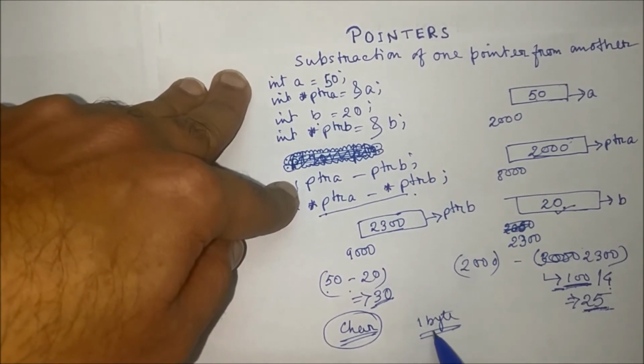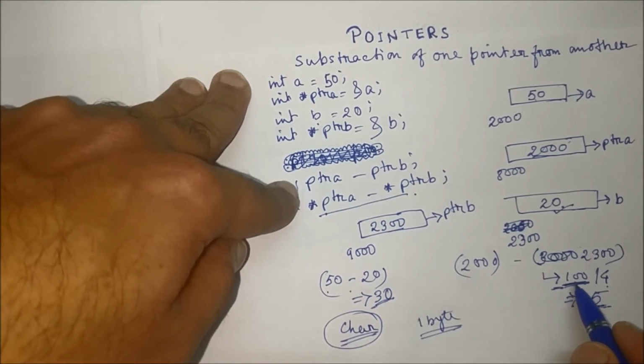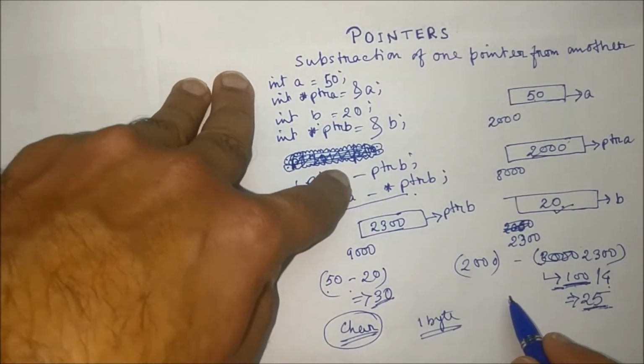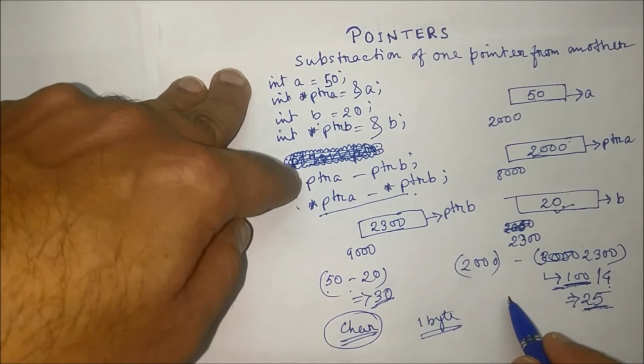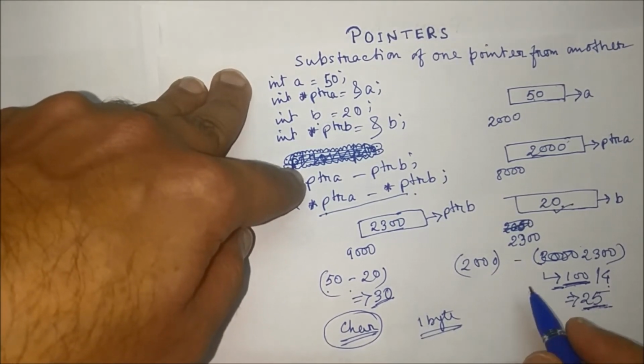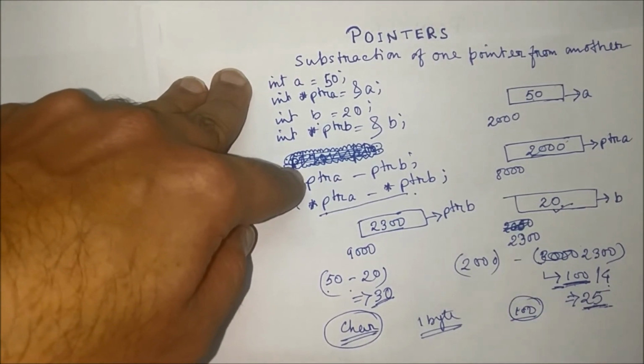So it is always traversing 1 byte at a time. With this 100 memory space, how many character variables can you store? It will be 100. In terms of the difference between the two character pointers, it will yield exactly the difference between the two memory addresses. So the resultant value will be 100.